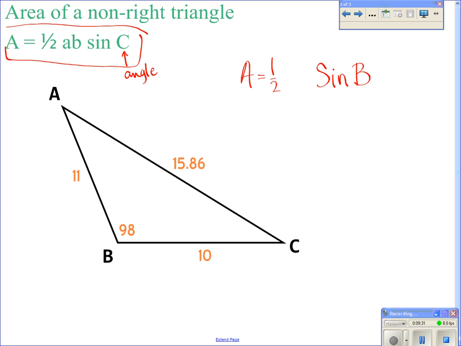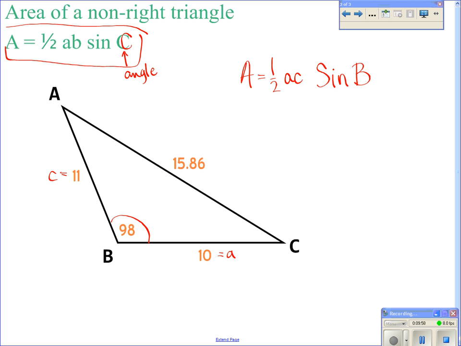Now looking here, if we have the angle C, what two sides did we use? A and B. So looking at this with sine B, what two sides do you think we're going to use? A and C. So look at this. We're going to use angle B, and then we're going to use A and C. Which one is A? Which one is C?